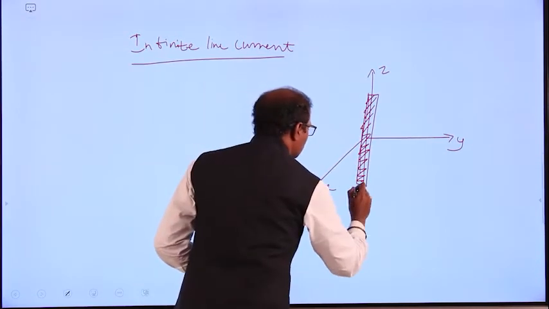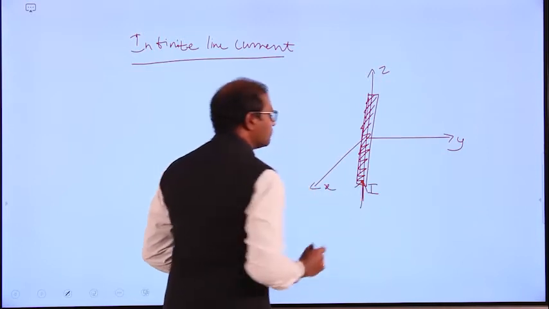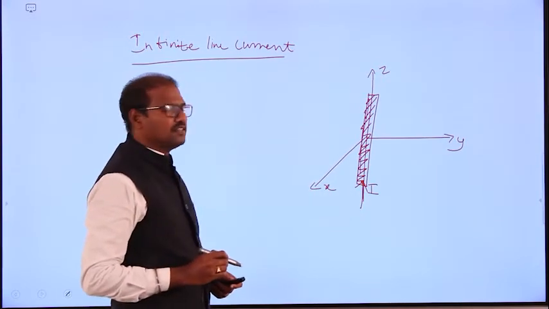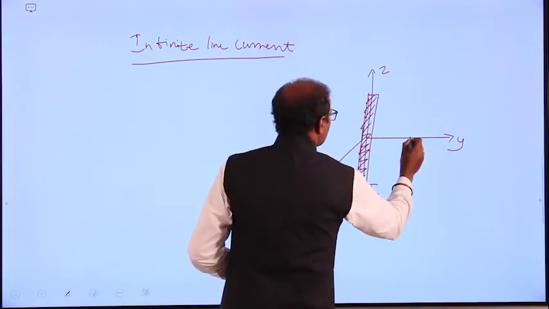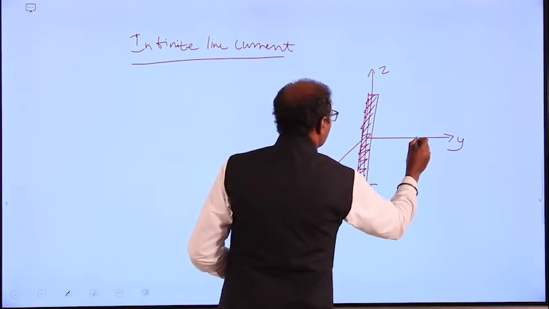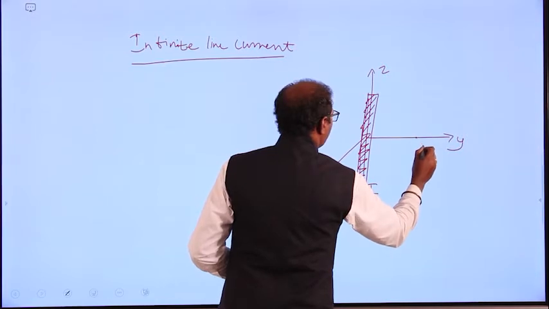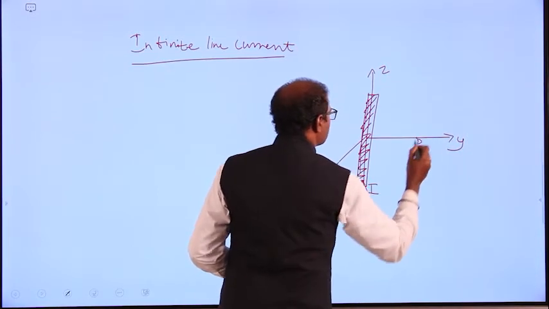The current is moving in a direction. We have to find the magnetic field intensity at point P. This is a position point.